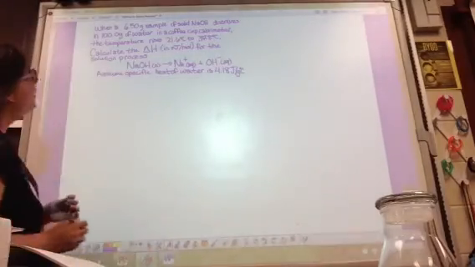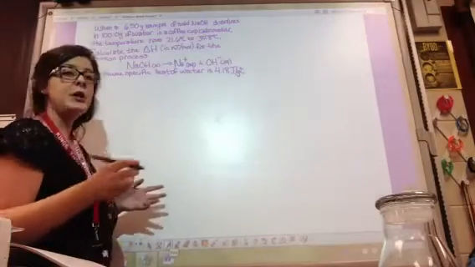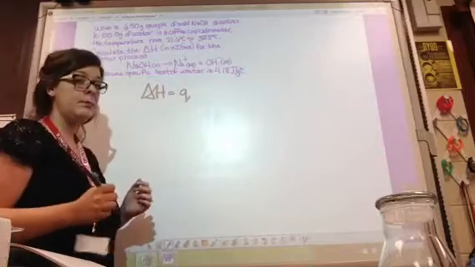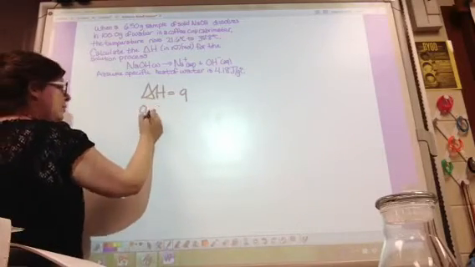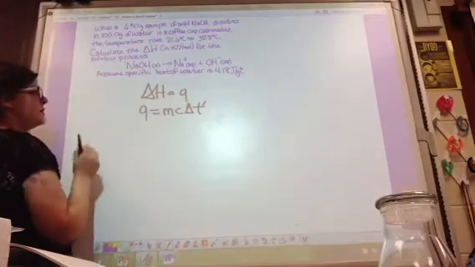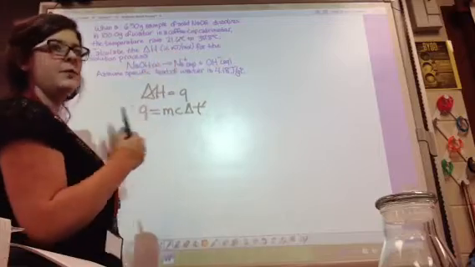Okay. So I need to find delta H in kilojoules. First we know that delta H is equal to Q, and Q is equal to mcΔT. I'm trying to find Q because that would give me my energy, my joules.